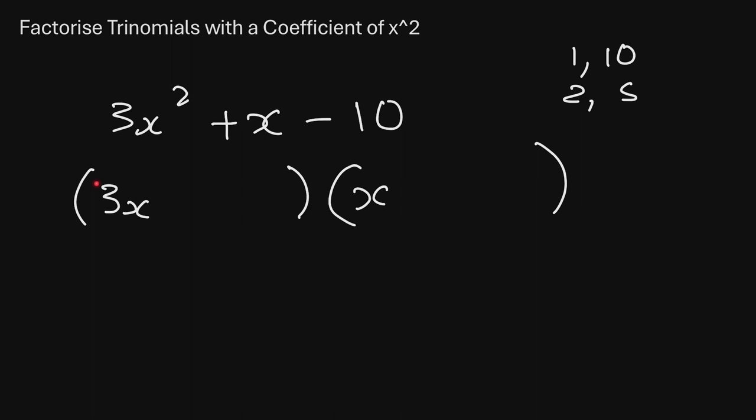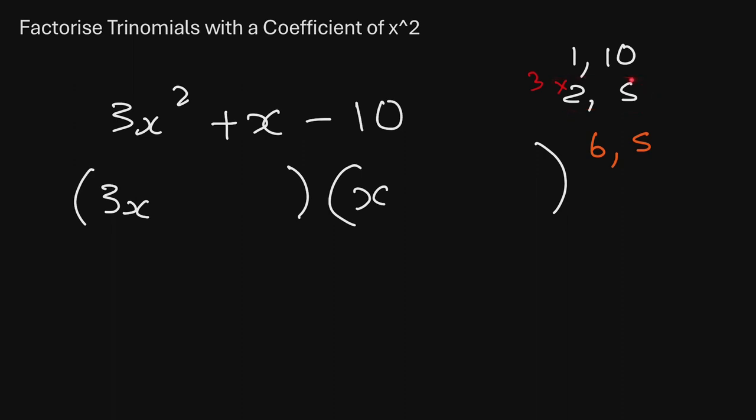If we look at this group of factors here, there's no way we can multiply with 3 and get 1. But if we look at the second factors here, if we multiply the 2 by 3, we are going to get our new factors as 6 and 5. And therefore, when we minus 6 and 5, we're going to get the middle term, which is 1. So therefore, we're going to use these factors.